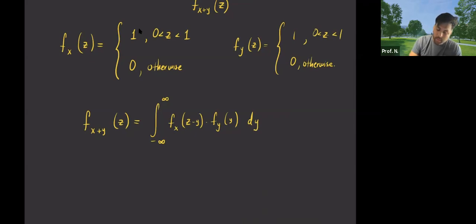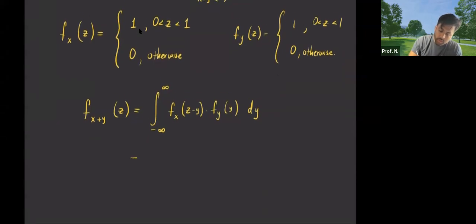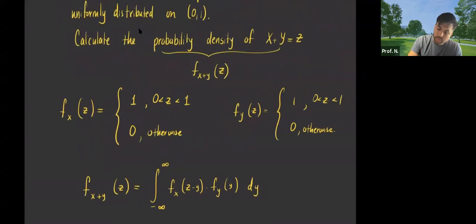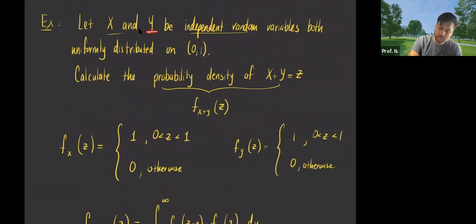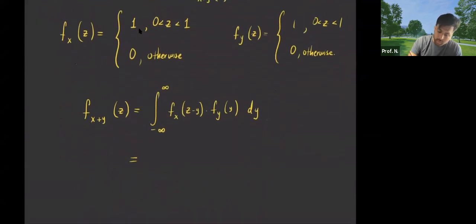Now, what is f of y? And again, this is just for the y's. Y is between 0 and 1. So this integral here is from 0 to 1 of f of x, z minus y, times f of y dy.